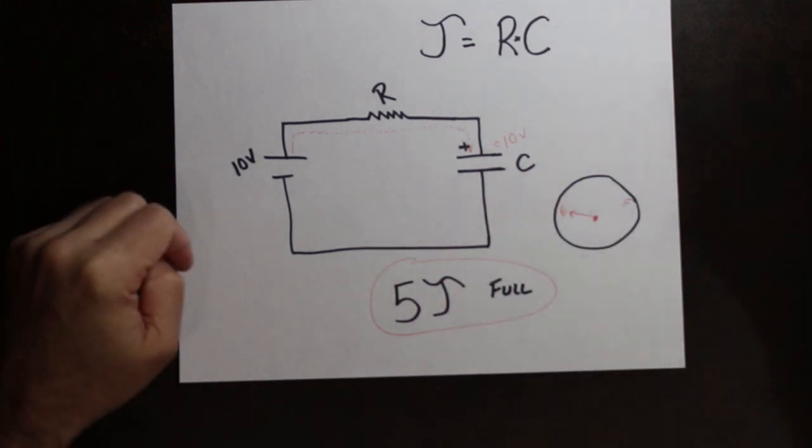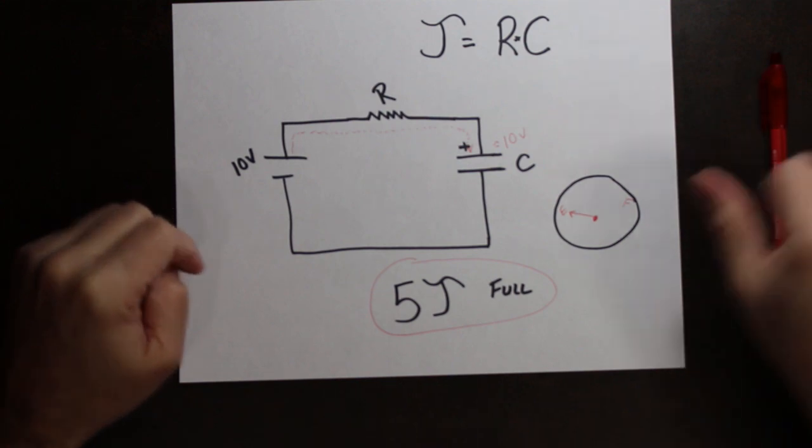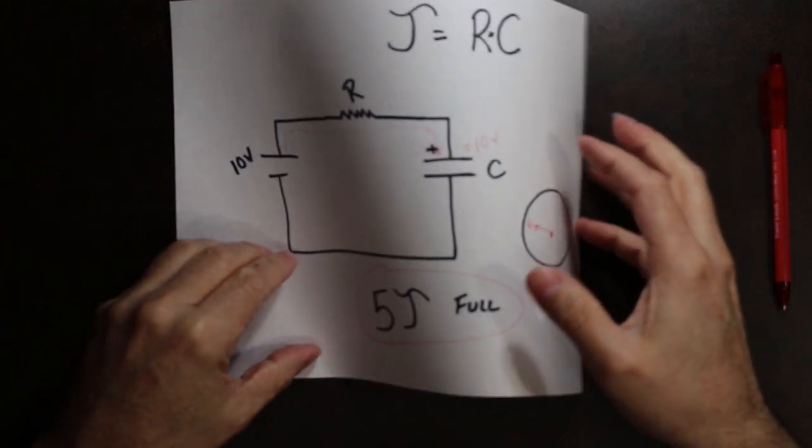So what does that actually look like? The capacitor does not charge perfectly linear. The capacitor actually charges on a curve.